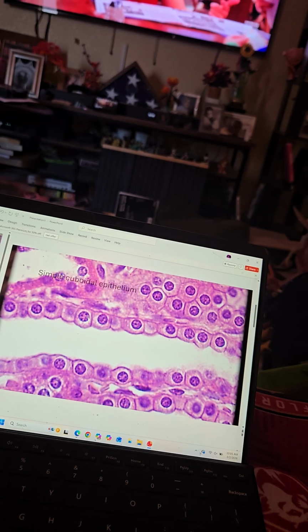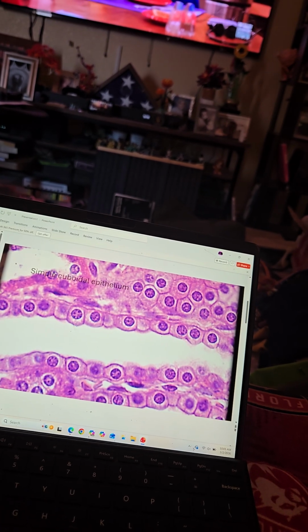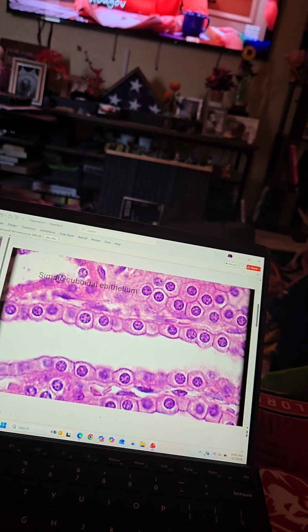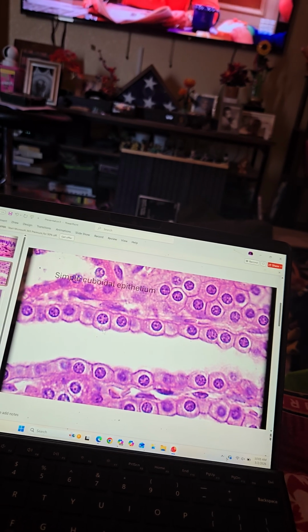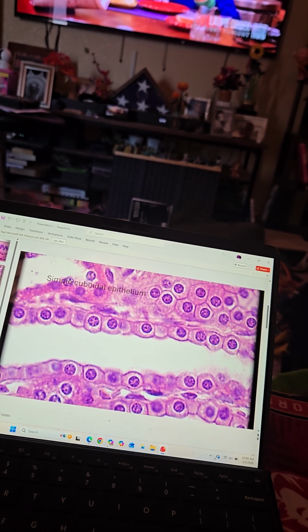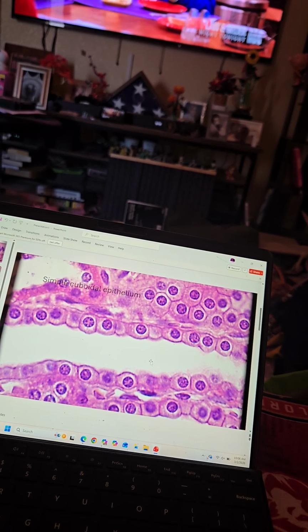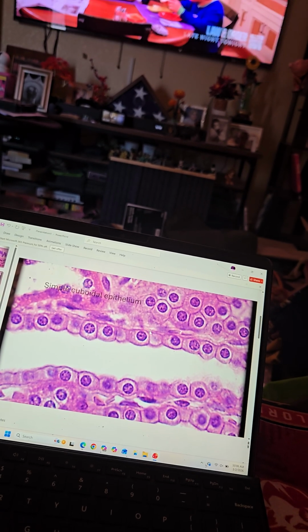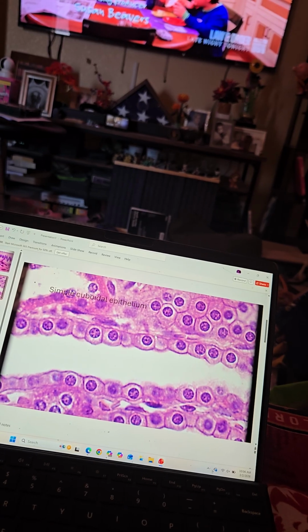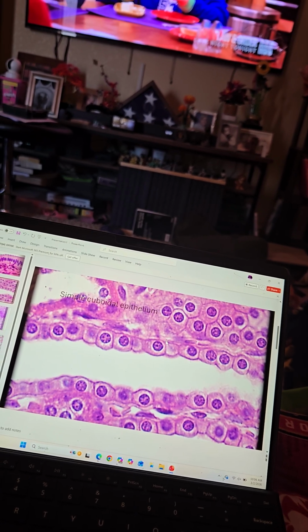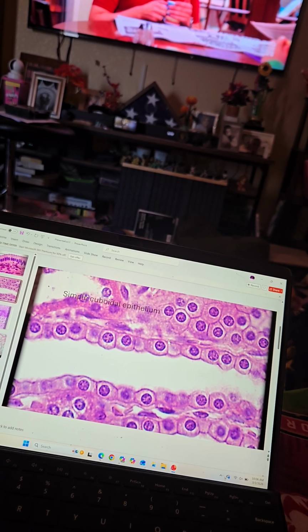These have a centrally located nuclei. They're used for absorption, secretion, mucus production, and movement. You can find these in the thyroid, the liver, the salivary glands, and the mammary glands.